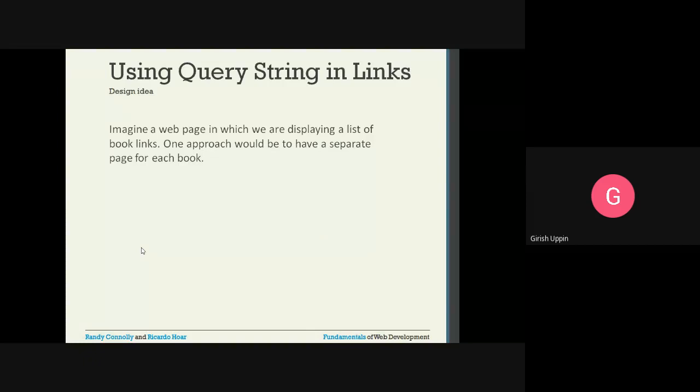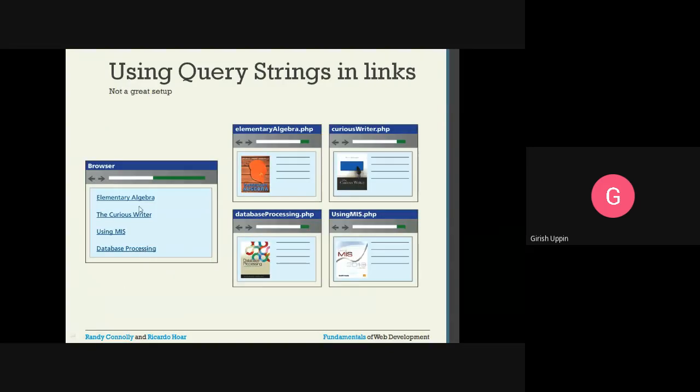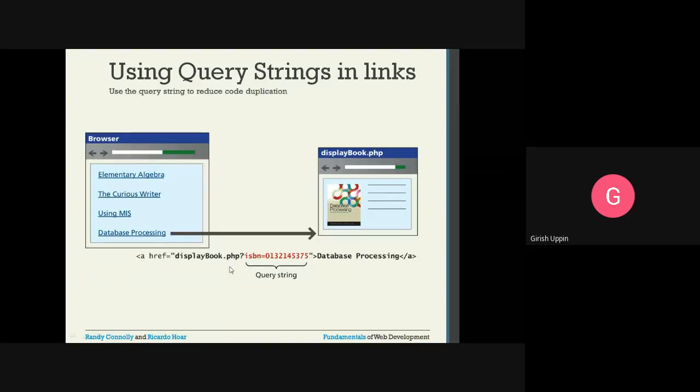Then, using query strings in links. Imagine a web page in which we are displaying a list of books. One approach would be to have a separate page for each book. If we are showing a list of books, then for each link we would have to have a separate PHP page. But if we use a query string, every book has a unique number, the ISBN number.